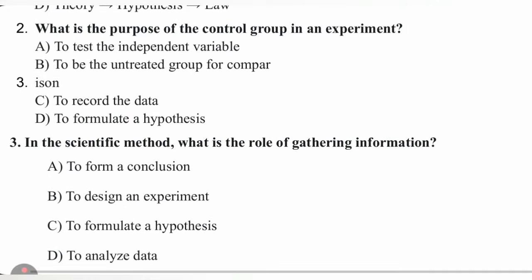Number 2, what is the purpose of control group in an experiment? A, to test the independent variable. B, to be the untreated group for comparison. C, to recurse the data. D, to formulate hypothesis.